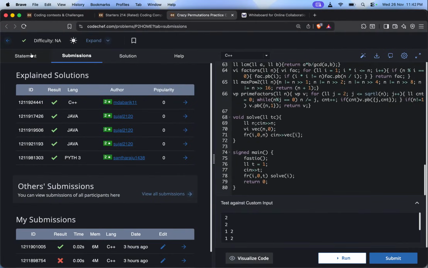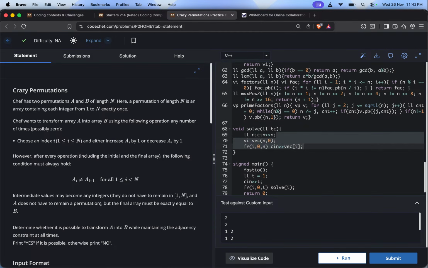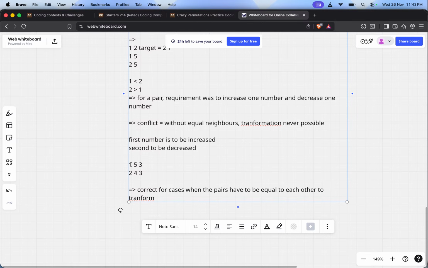Alright, sorry. So this is it. For every pair that we visit, let's understand one more thing. For this condition, we just increased 1 and decreased 5.